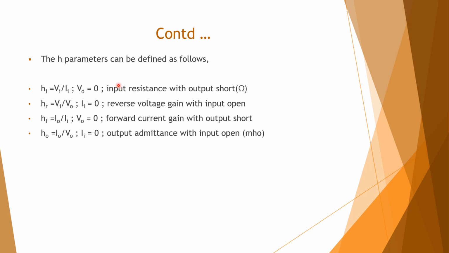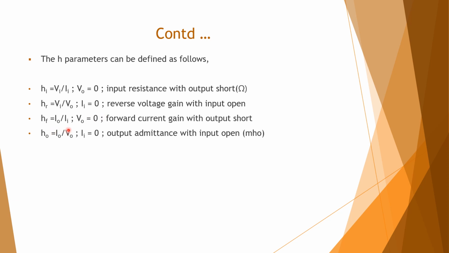These H parameters can be defined as follows: HI is equal to VI by II when VO equals 0. That's the input resistance with output short. HR is the reverse voltage gain with input open, that is HR equal to VI by VO. If you look at that equation, we can get to these conclusions.